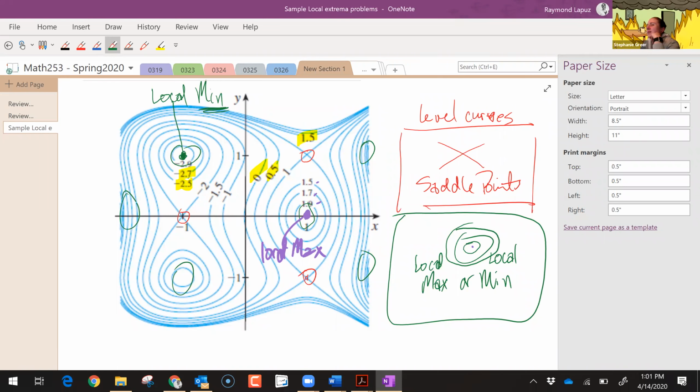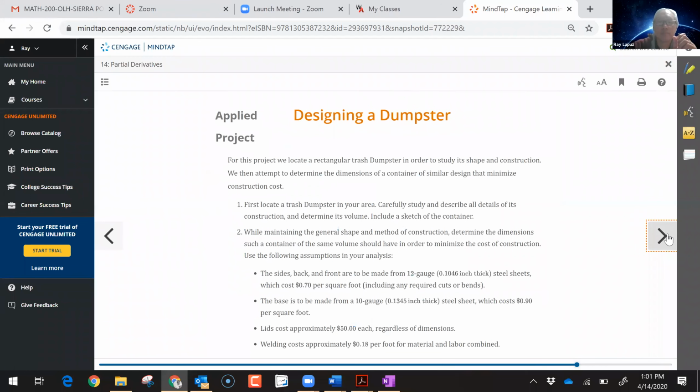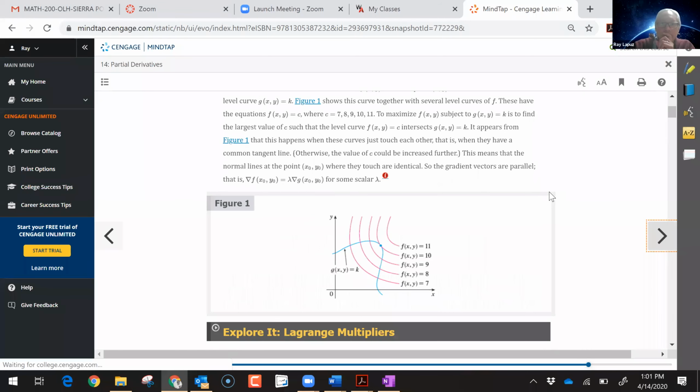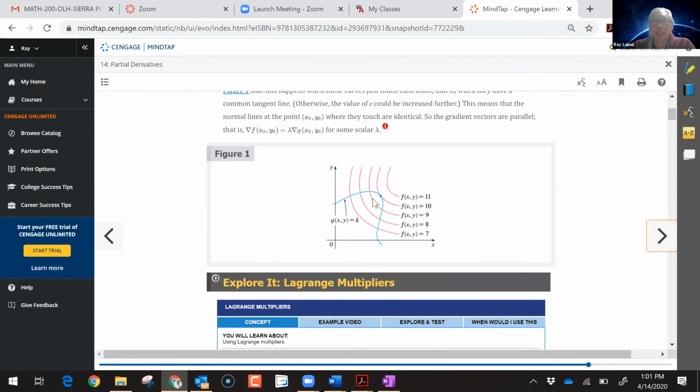What about when finding maxes and mins using Lagrange multipliers? Yeah, so let's take a look at Lagrange multipliers and see how their pictures look. We're only going to look at Lagrange multipliers of 2 variables.